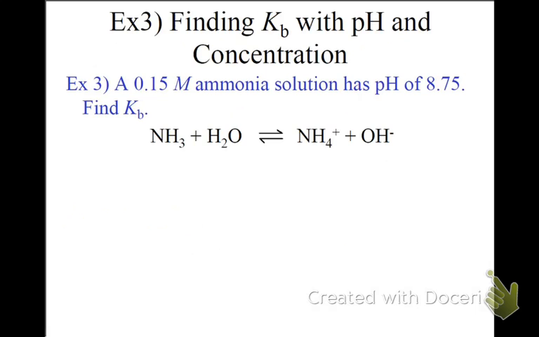So we have the pH, which tells us the H plus concentration, but in this reaction right here, it deals with the OH minus concentration, which means that we're going to have to convert this pH over into the pOH so that we can find the OH concentration. And so let's remember that pOH would equal 14 minus the pH, and our pH is 8.75, which means that the pOH for this particular one is going to be 5.25.